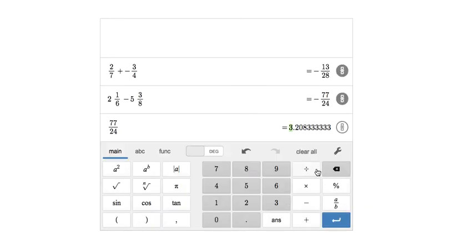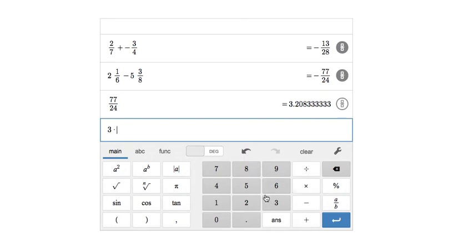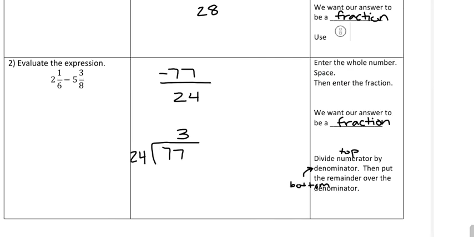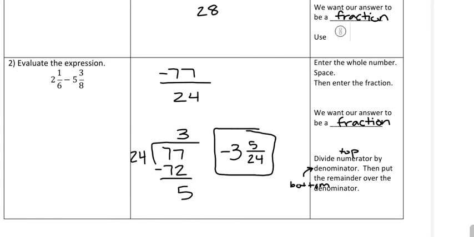If I don't know, I can use my calculator. 3 times 24 is 72. So I would subtract 72. 7 minus 2 is 5, 7 minus 7 is 0. So my final answer would be negative, because it was negative up here. 3 is my whole number. I have 5 left over, that's my remainder, over my denominator, which is 24. So negative 3 and 5/24, and I can't simplify, so that's my final answer.